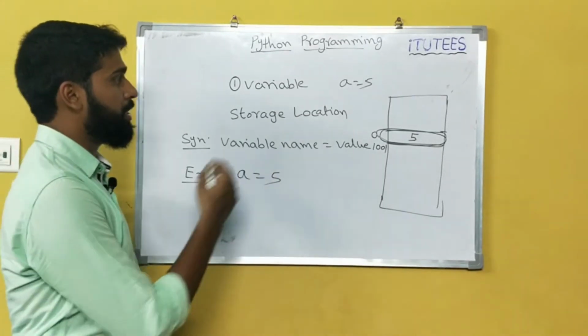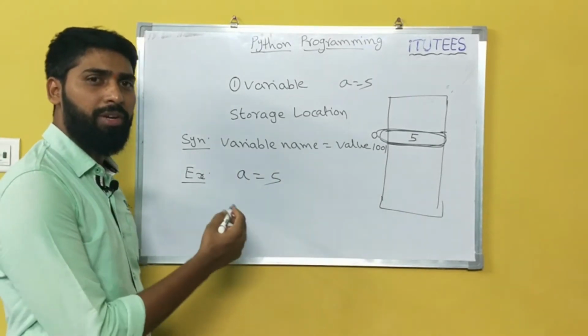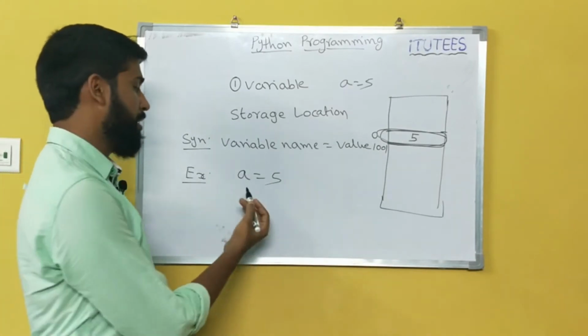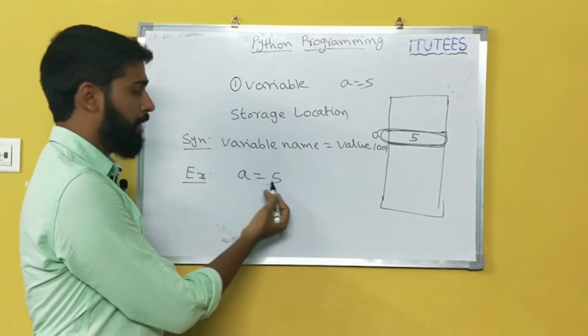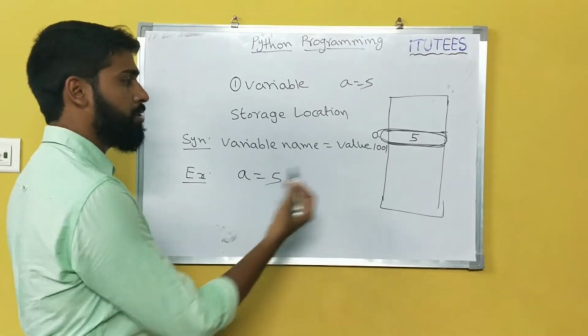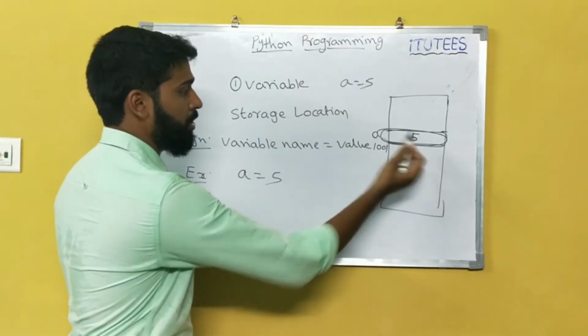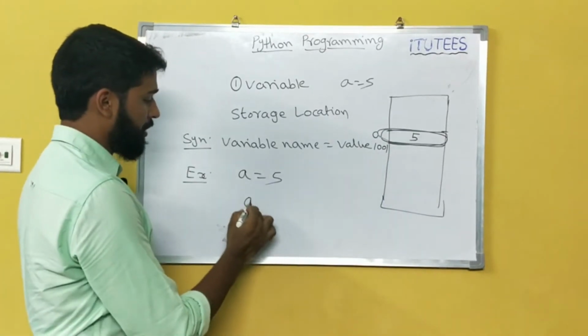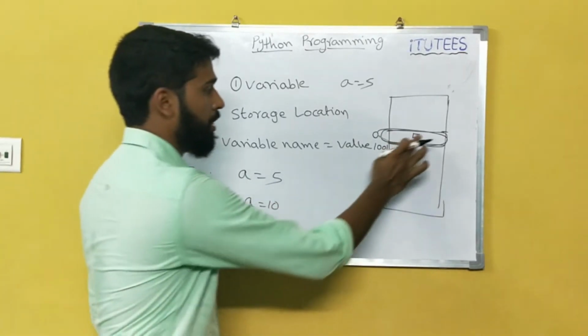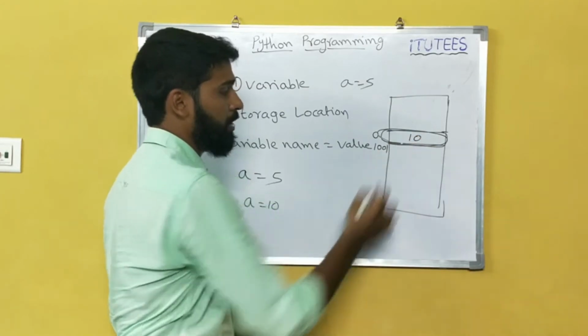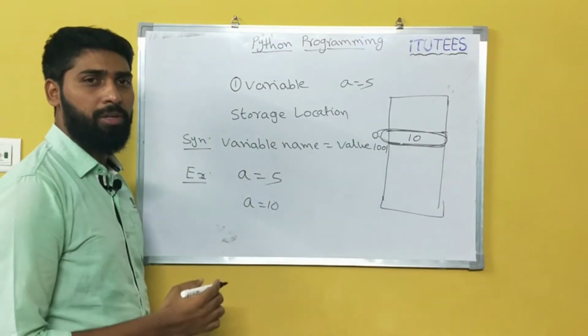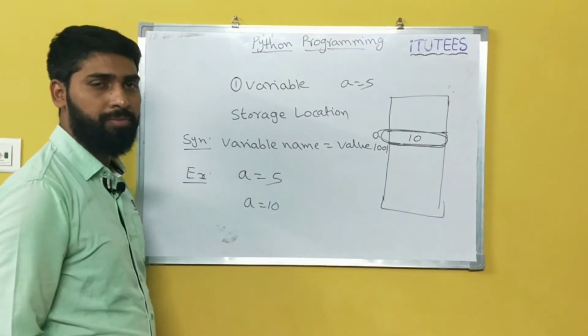Another advantage of Python is there is no need to declare the data type. Simply you can define the variable and assign the value. a equals to 5 means a is a variable, and in that storage location you can store the value 5. After that I can change a equals to 10. Then the 5 changes to 10. That's why it is called a variable, which can vary.